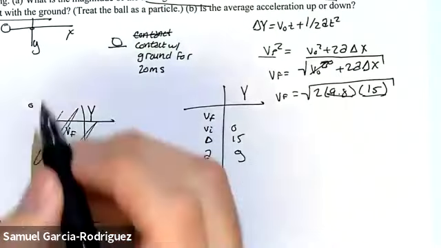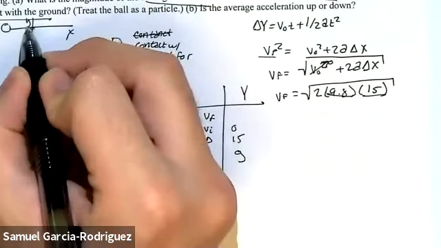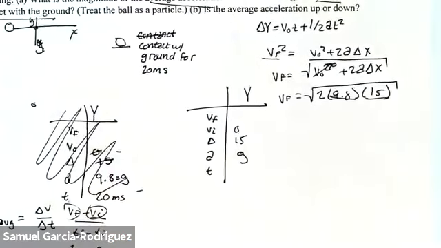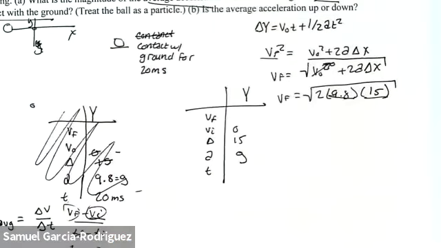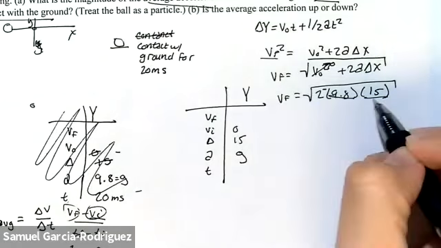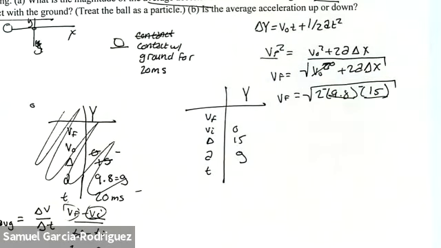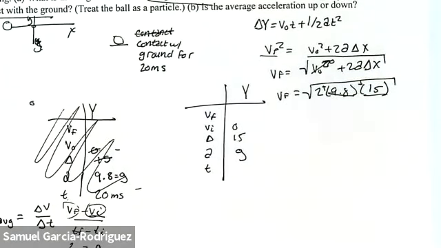Now, you could flip your axis and have up being positive and down being negative. Then both of these would be negative, and they'd cancel. So either way, it works. It's just a matter of how you set up your axis.